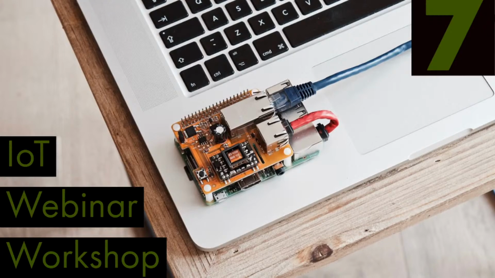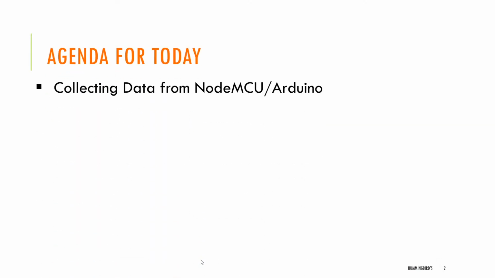So without further delay, I'll quickly go ahead and show the agenda for today. First, we'll collect the data from a NodeMCU or Arduino. You can use either of the two. Remember that I'm using the DHT11, that is a temperature sensor, to collect the data.